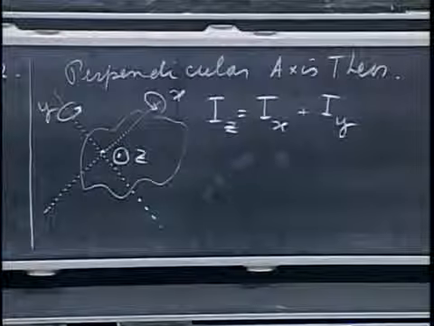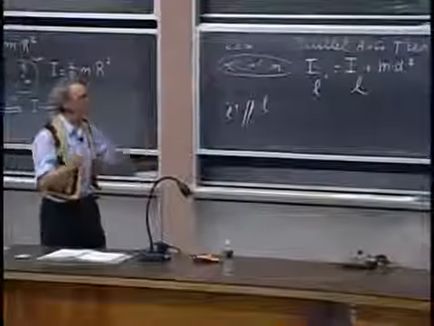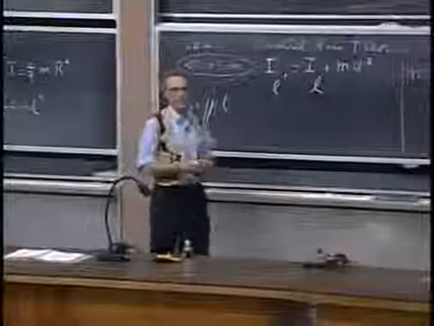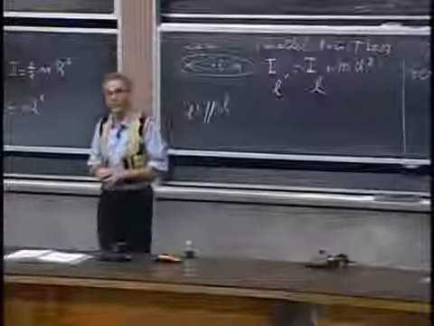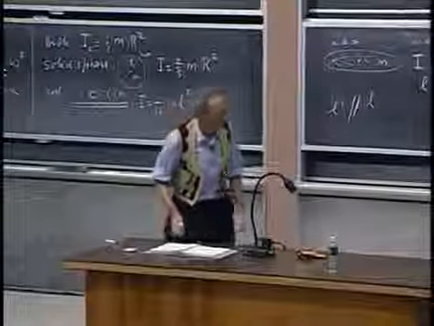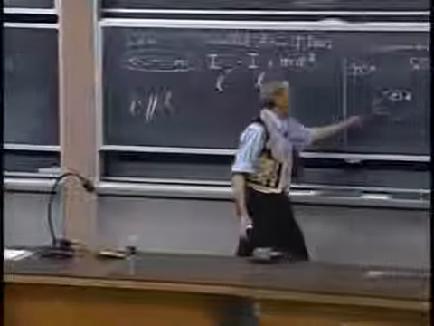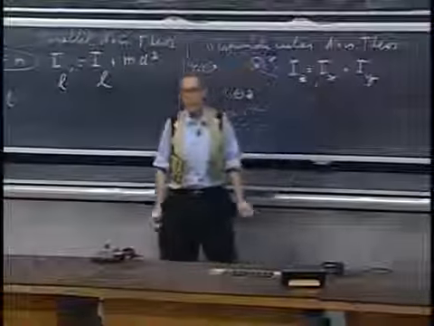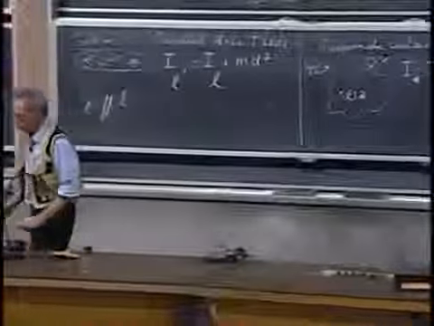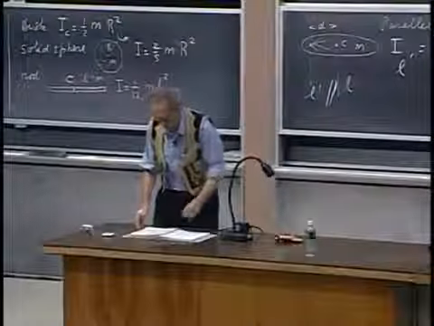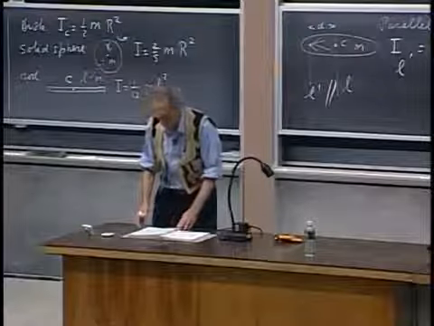And this allows you, sometimes in combination with the parallel axis theorem, to find moments of inertia for thin plates which rotate about axes perpendicular to the plate, or sometimes not even perpendicular. If you know this and you know this, then you can find that. So both are useful, and in assignment 7, I'll give you a simple problem so that you can apply the perpendicular axis theorem.